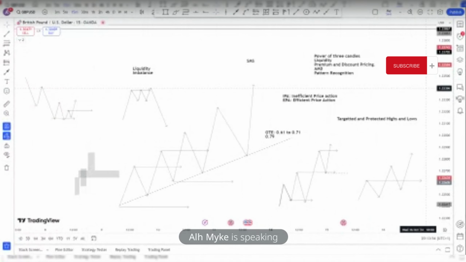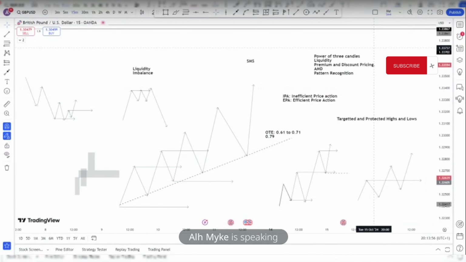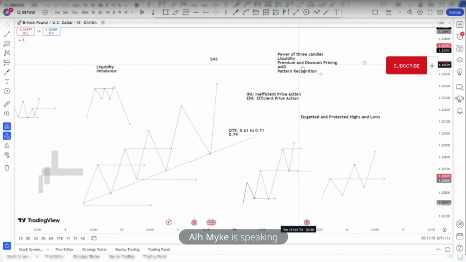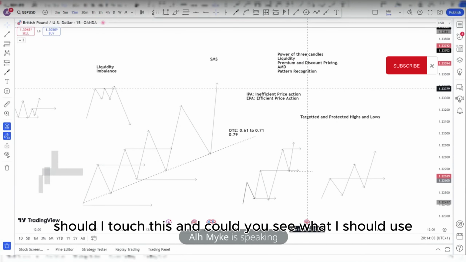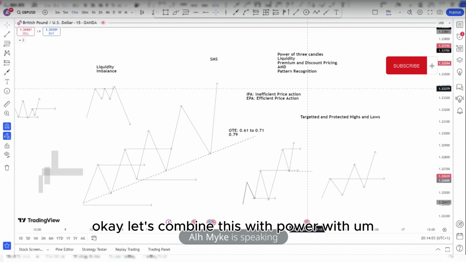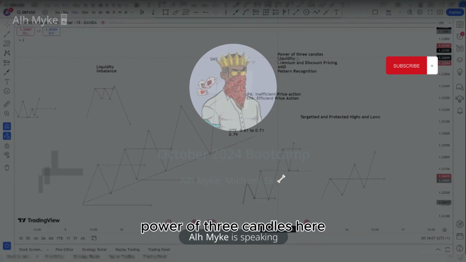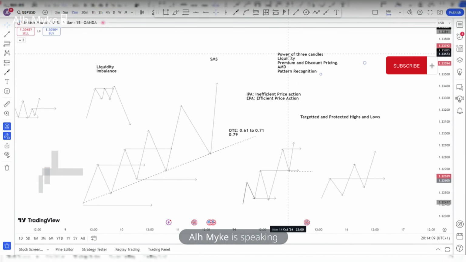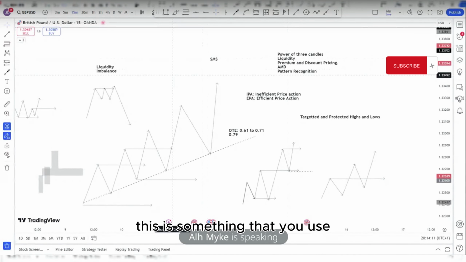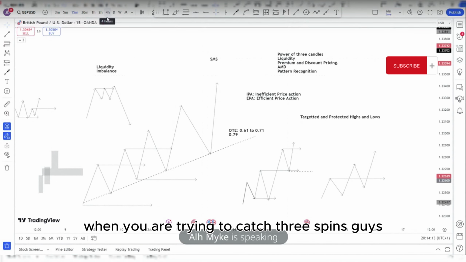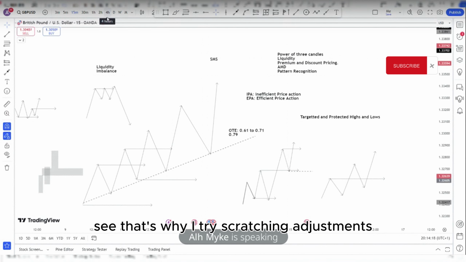Okay, so let's proceed into what I said I was going to show you today. There's something I wanted to touch on under liquidity. Let's combine this with power of three candles. We're going to combine these two together. Power of three candles is something you use when you are trying to catch retracements, mostly when trying to catch a reversal trade.